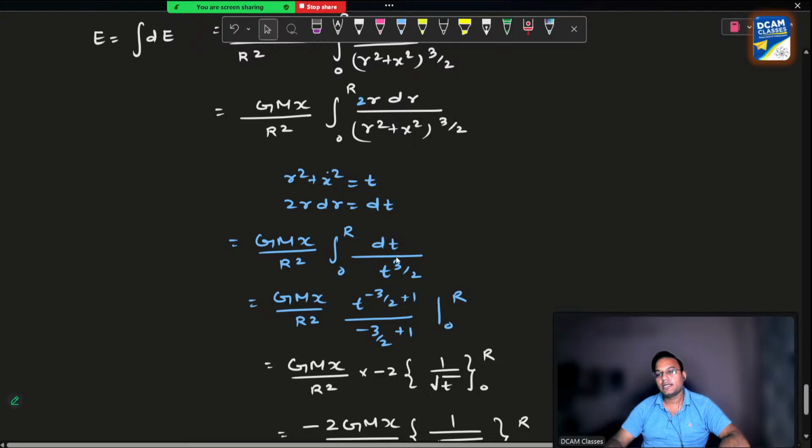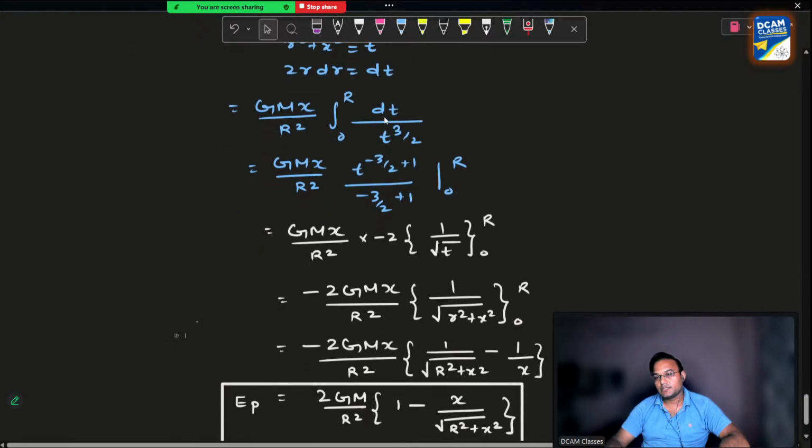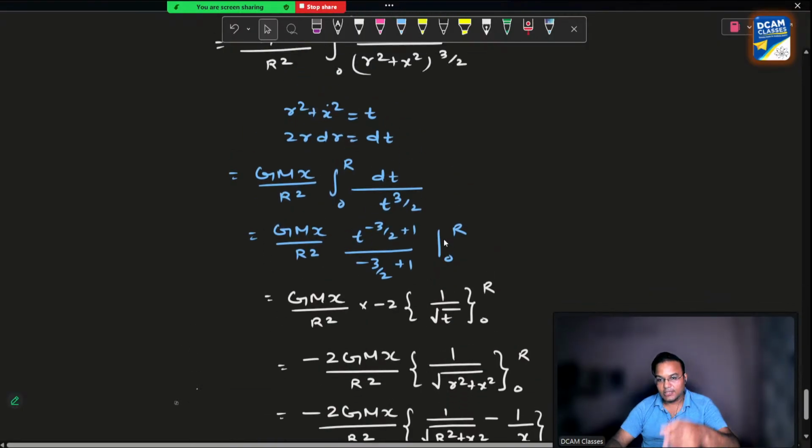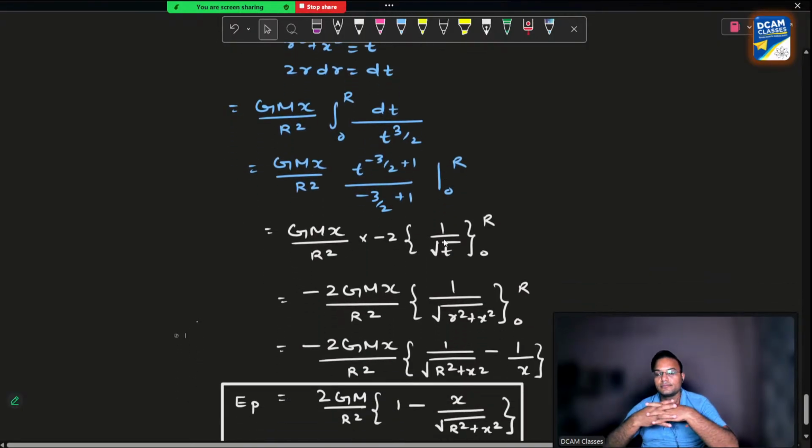Then I integrate, and at the end I have put the value of t here, the small t that I assumed. Just look at how I have done it, and see what doubts you are having.